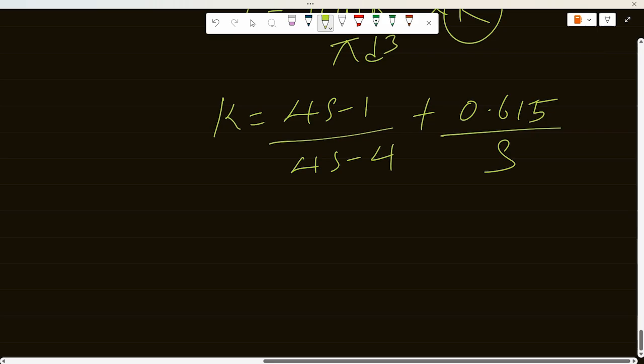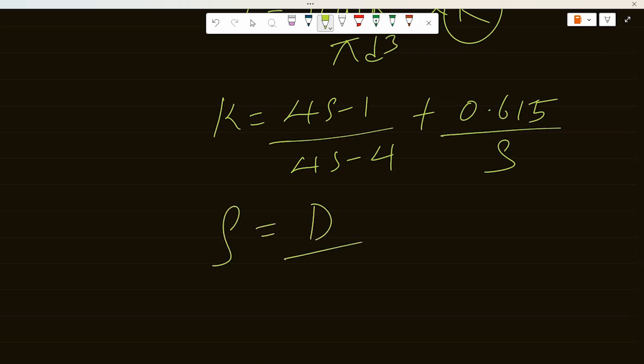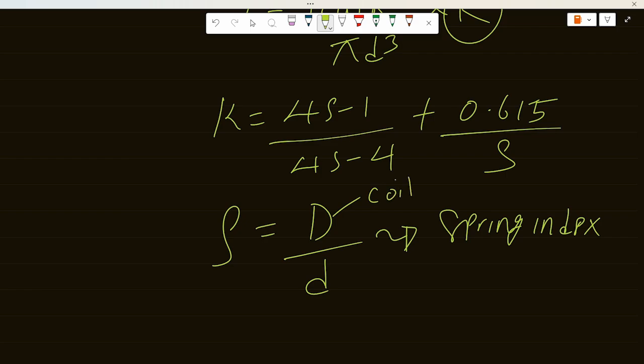So this is the formula where s is equal to your diameter of coil over your d. S is called the spring index. This is the diameter of coil, and this is the diameter of wire.